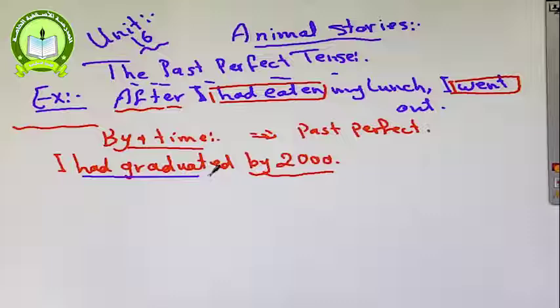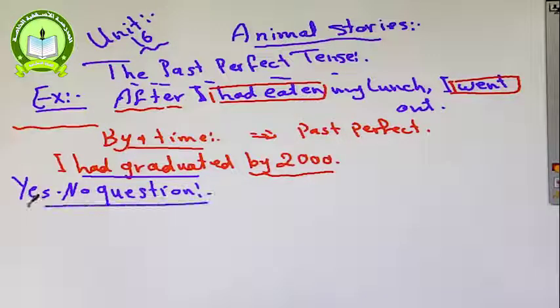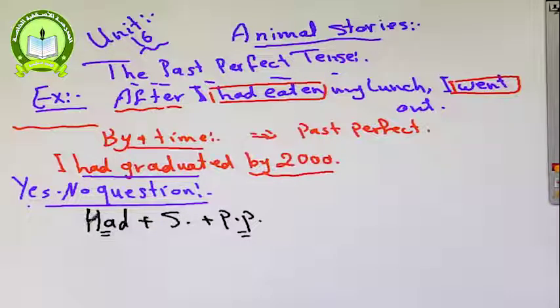Let's try doing a yes/no question. You should start by using had, then a subject, then past participle. Put in mind that you are talking about the past perfect, not any other tenses.